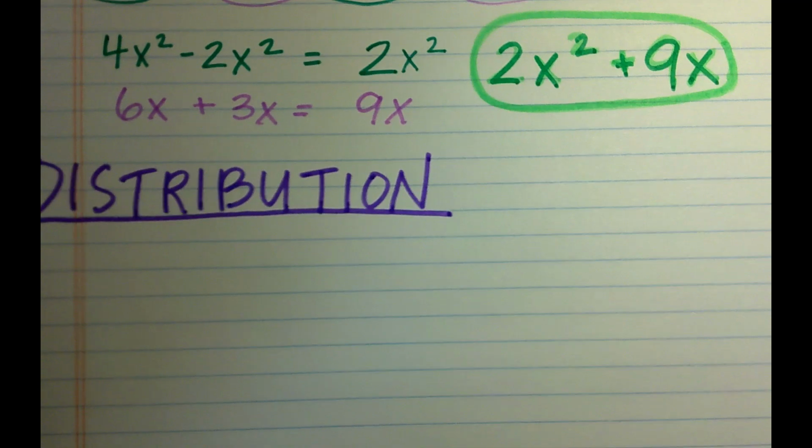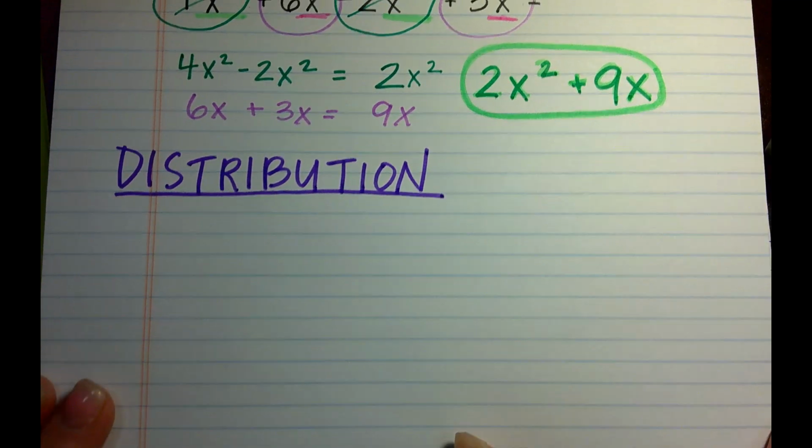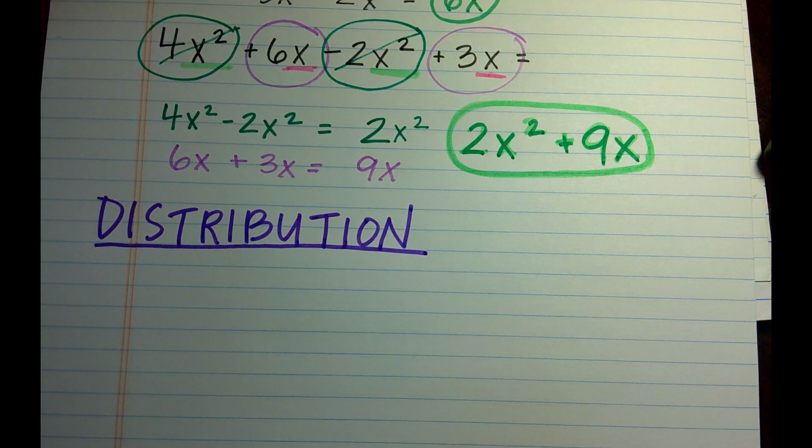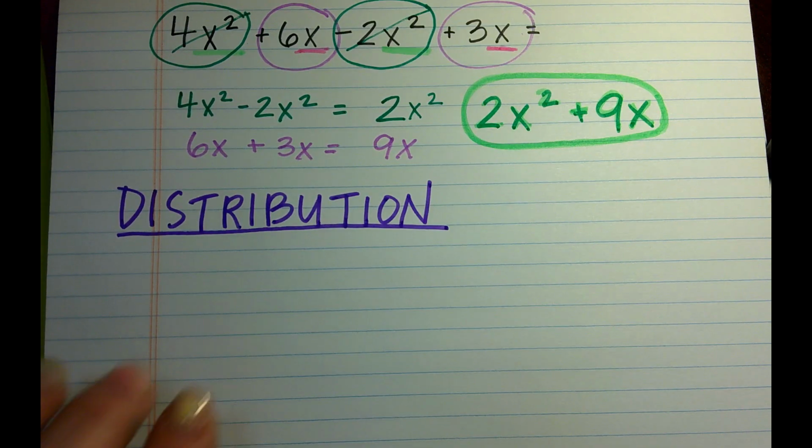Does anybody know what distribution is? Kind of a loaded question I'm asking you. Distribute any number outside of parentheses. Yes. So distribution is something that we see when a problem is written in a certain way where there are parentheses.